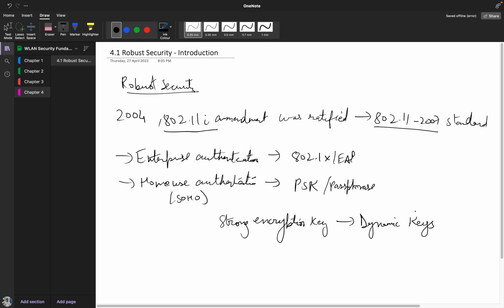Dynamic keys have to keep changing, they cannot be static keys. For that to happen, CCMP encryption is the default encryption method and TKIP is the optional encryption method. CCMP uses the AES algorithm, and this has become the default method for encryption.